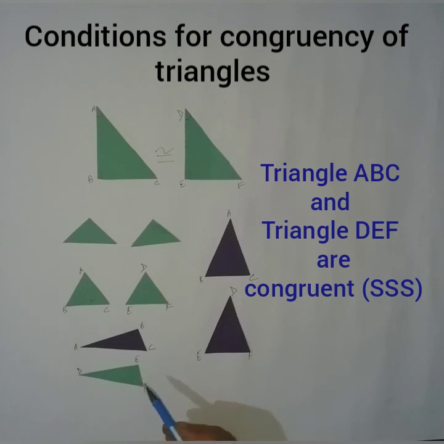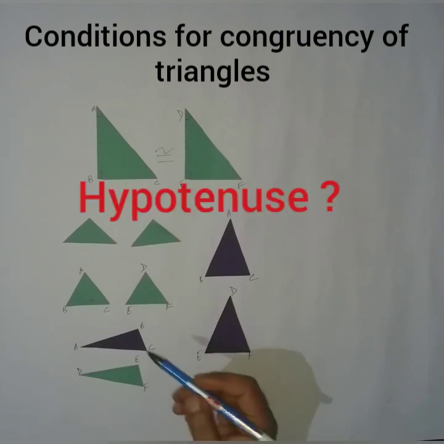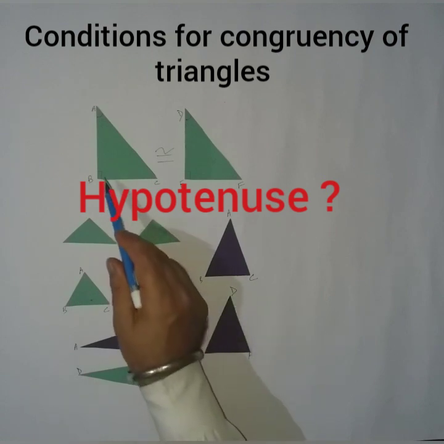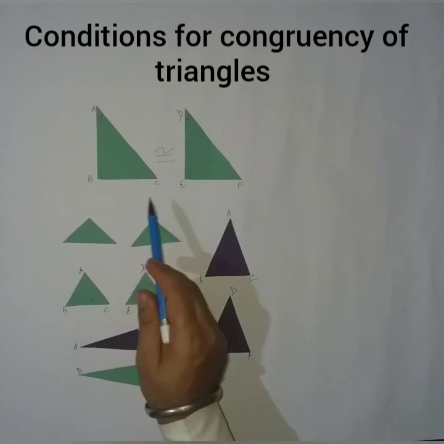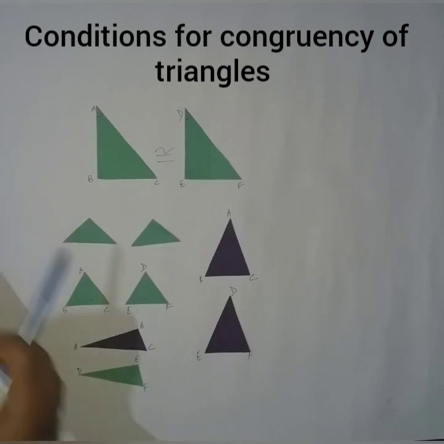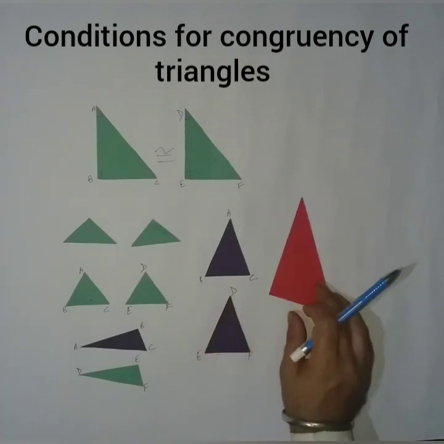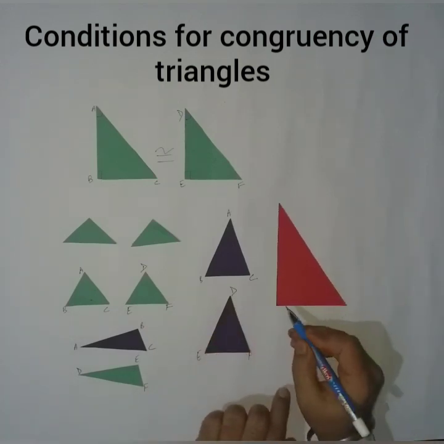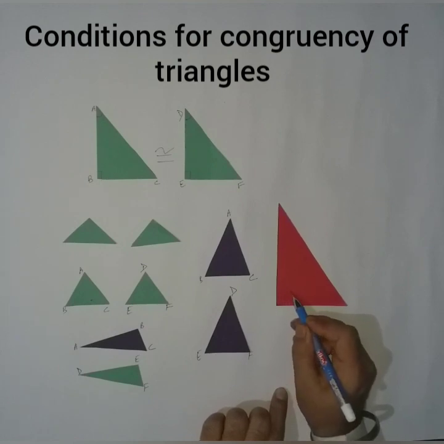Now another is RHS, that is right angle hypotenuse side condition. First of all, what is hypotenuse? When we say the RHS rule, we are dealing with right angle triangles only. So let us understand a few things about a right angle triangle with the help of this triangle. In a right angle triangle, one of the angles will always be 90 degrees.